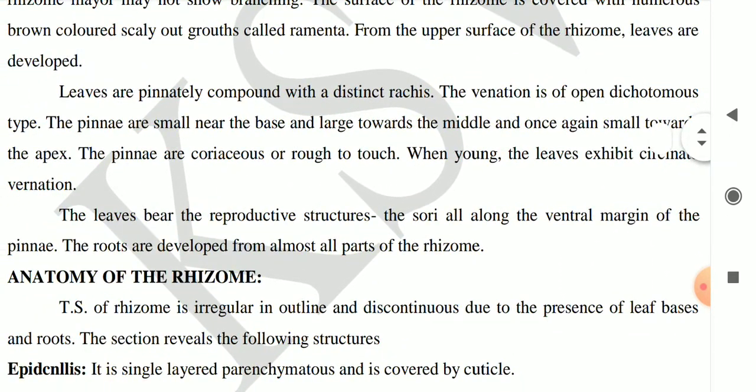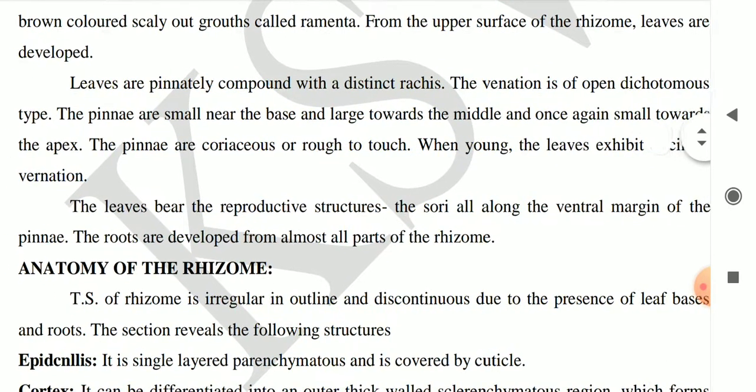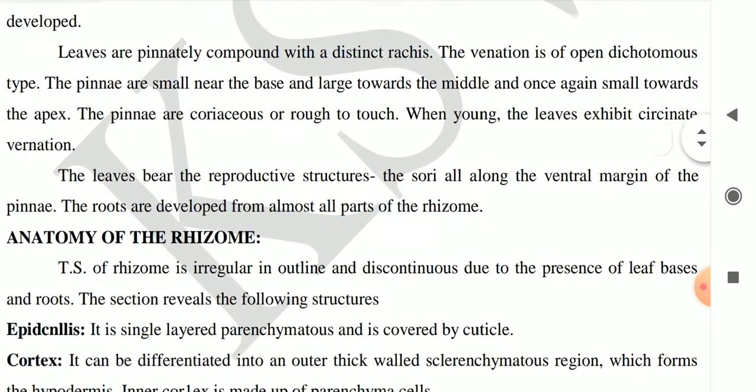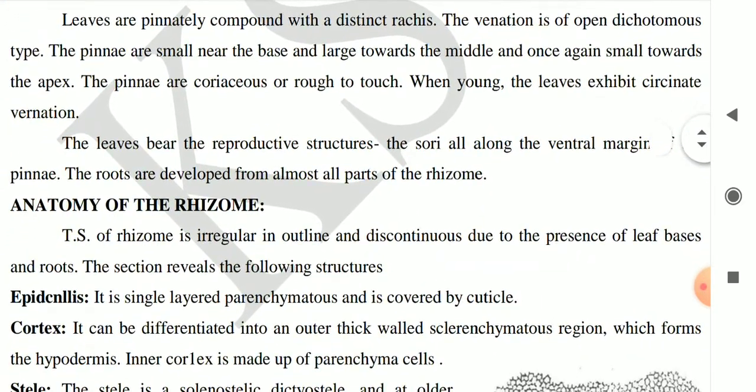Venation commonly occurs in dicotyledonous plants, but in Pteris you also find it, because Pteris resembles some characteristics of gymnosperms and angiosperms. The pinnae are small near the base and larger towards the middle portion, and again narrow at the apex region.